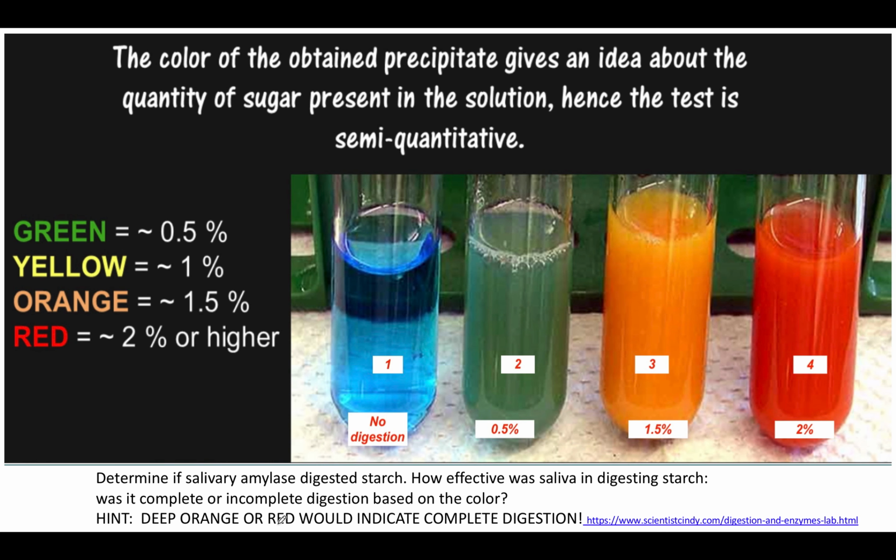Okay, so here is again 0%. This means 0.5%. This means there is 1.5% maltose. There is 2% maltose or higher.